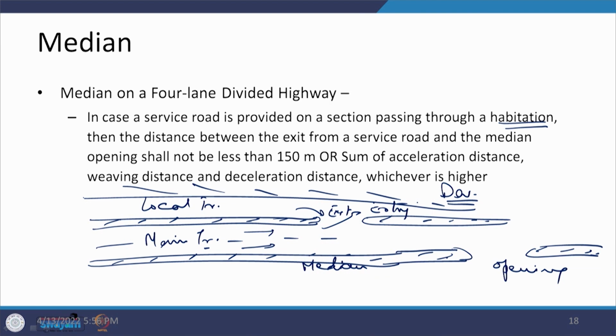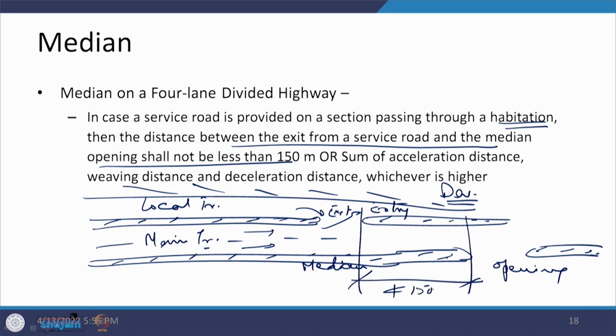It says that the distance between the exit from the service road and the median opening shall not be less than 150 meters. So, that means this and this should not be less than 150 meters, that is one thing. Second thing is that if a vehicle comes from here like this, then this vehicle has to move like here, and it will start deviating. So, there is a weaving action, and then it will come to this particular location so as to take a U-turn.